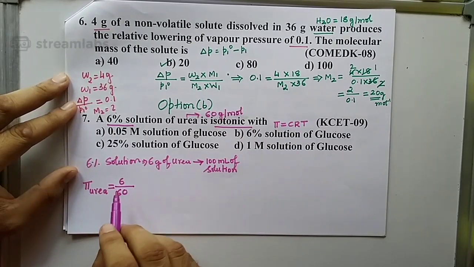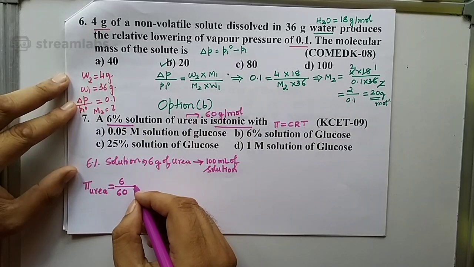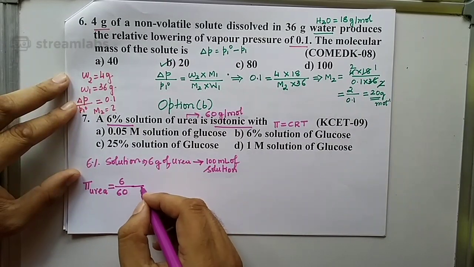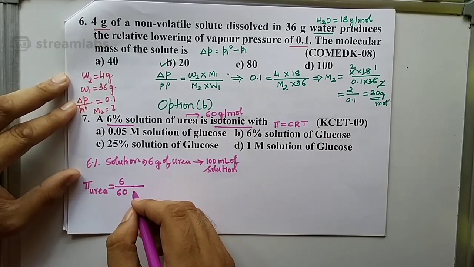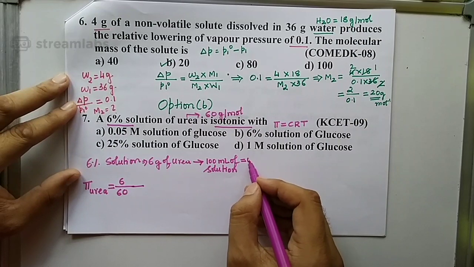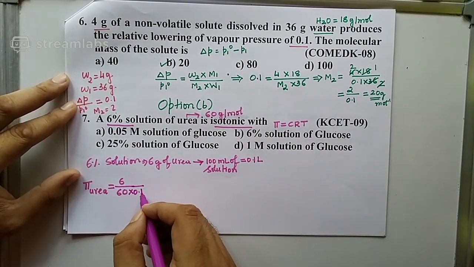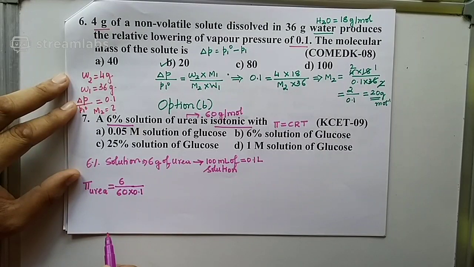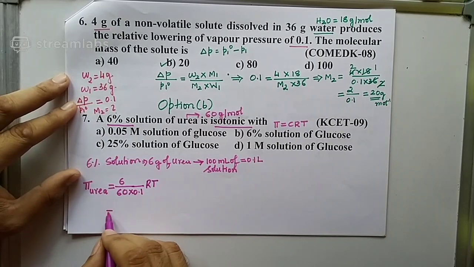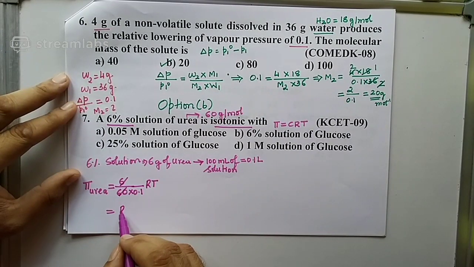Now you know that pi is equal to C into R into T. So C, number of moles, 6 by 60 divided by volume of the solution in liters, 100 ml. You know that 100 ml should be equal to 0.1 liter. So divided by 0.1, into R into T. So this should be equal to RT.